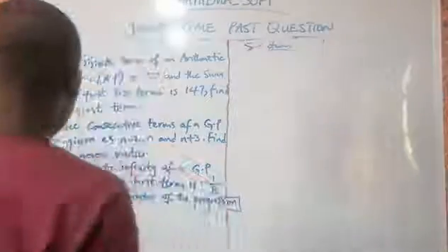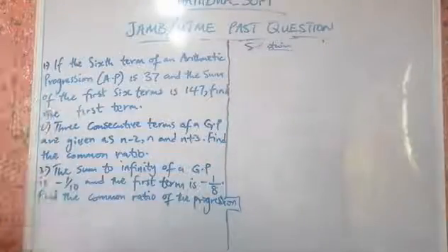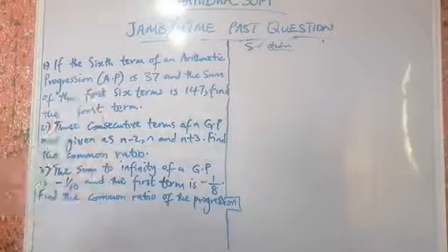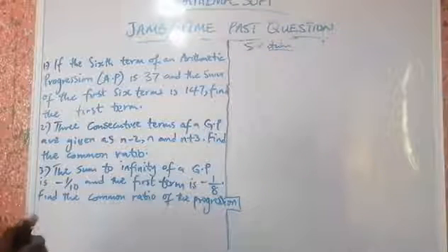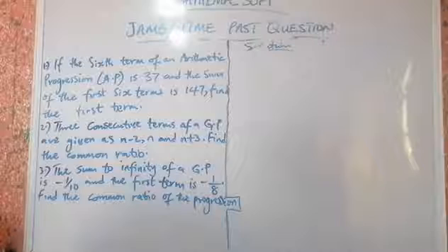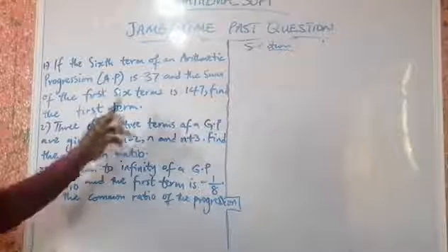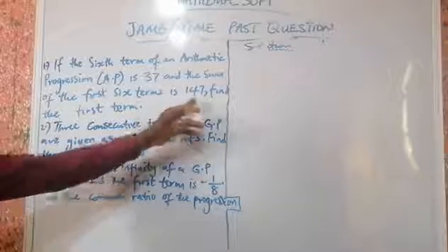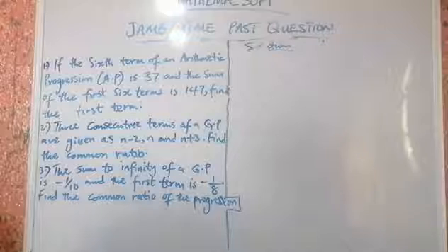Question number 1: if the sixth term of an arithmetic progression is 37 and the sum of the first 6 terms is 147, find the first term.